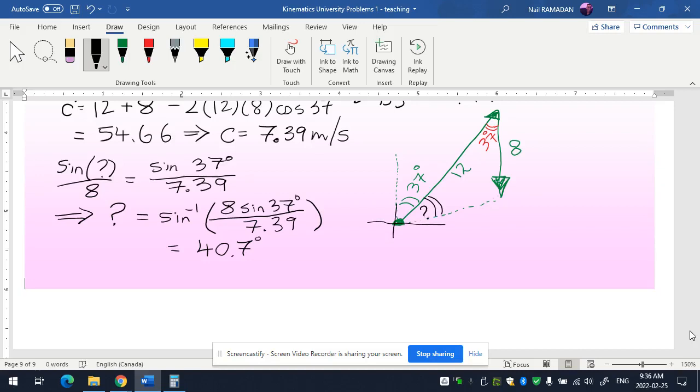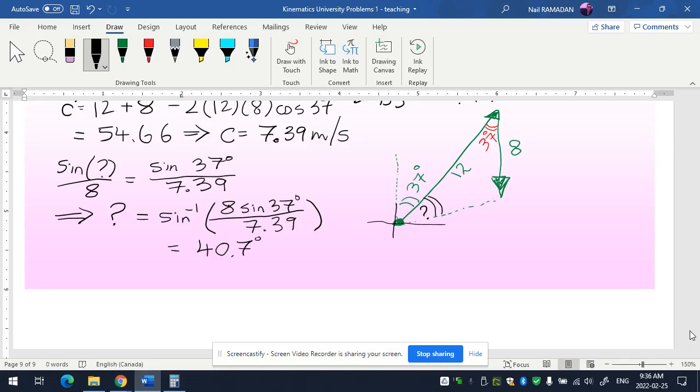Can someone tell me how to get the final answer for the angle? Yeah, exactly. You can add 40.7 to 37, and then you're measuring from which direction? North. So north, 40.7 plus 37 is 77.7 east of north.